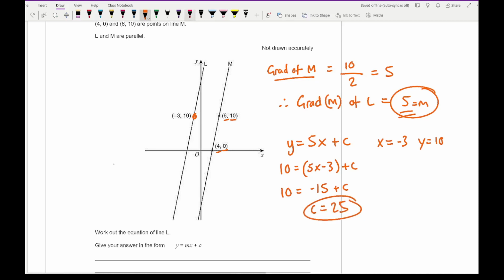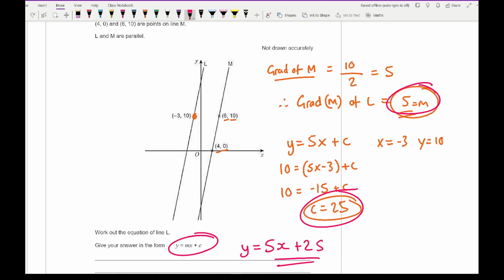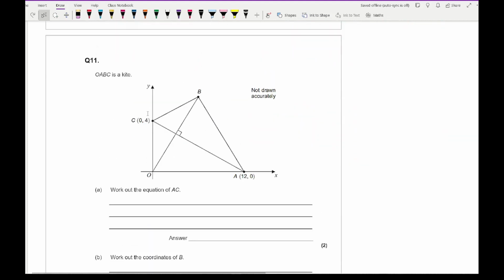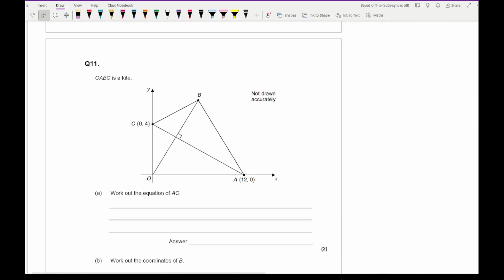And then using those two values, m equals 5 and c equals 25, I get y equals 5x plus 25, which looks correct because it's got a positive gradient and intercepts the y-axis above 0.